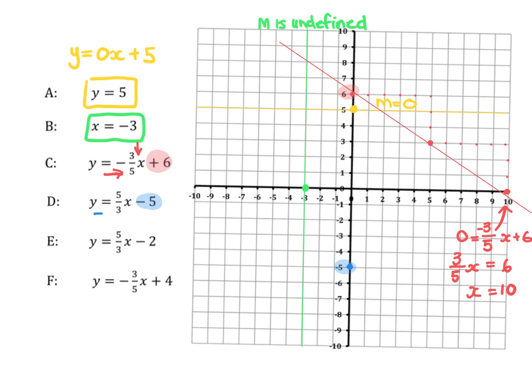In this case, for every 3 across, it goes 5 up. So let's do the gradient method as well. 1, 2, 3 across, and 1, 2, 3, 4, 5 up. Once again, purely by chance, I've hit my x-intercept, but we will also go and calculate that point.